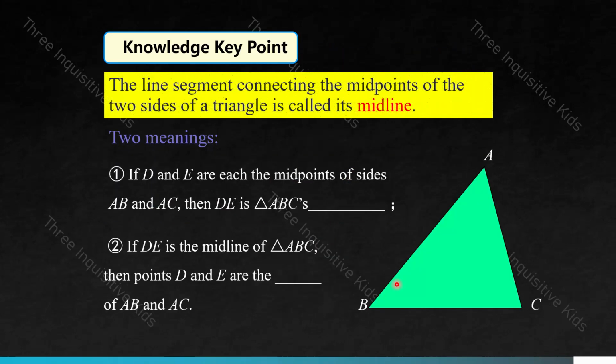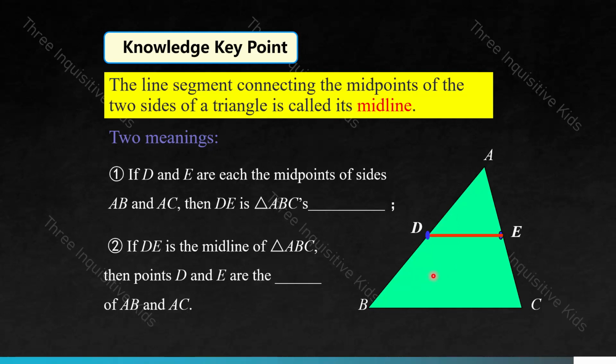So knowledge key point. The line segment connecting the midpoints of the 2 sides of a triangle is called a midline. So an example would be if you had points D and E. D is the midpoint on side AB, and point E is the midpoint on side AC.